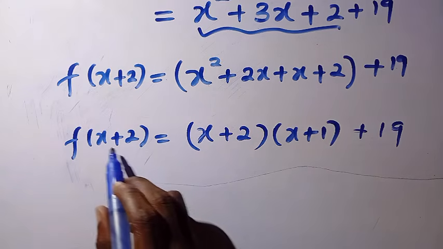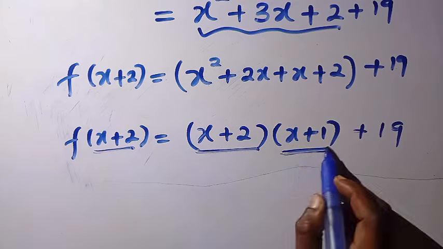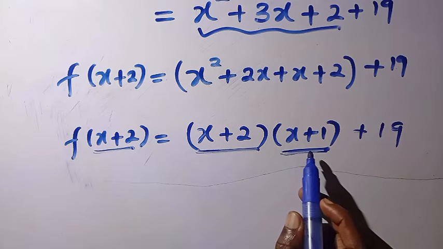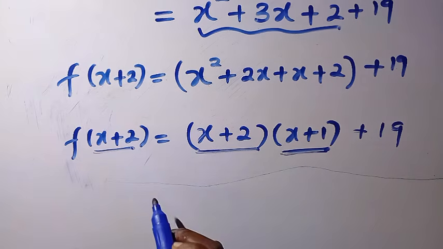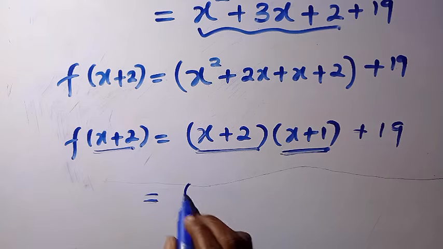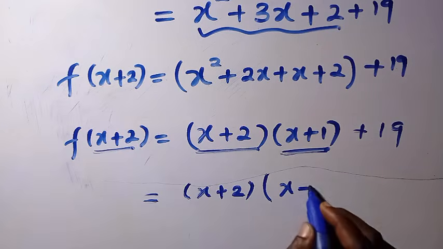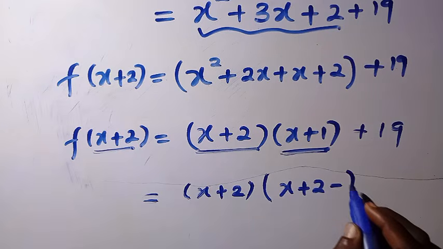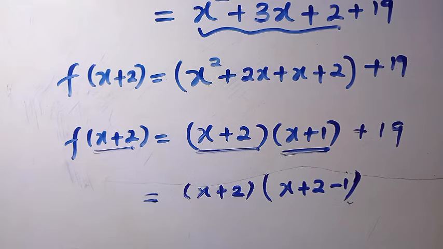From here we have x plus 2, but this factor is not x plus 2. We have to manipulate it for us to have x plus 2, then we can replace it. So we write it as x plus 2 minus 1, which is still x plus 1, then plus 19.